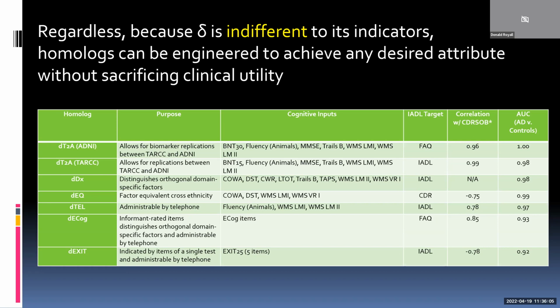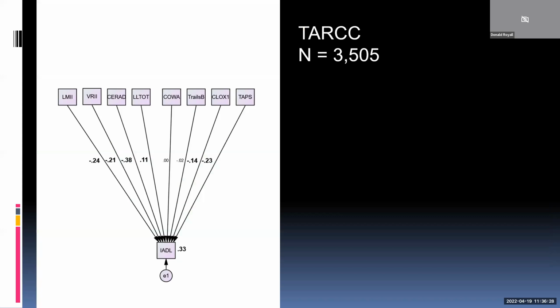And on the exit are 5 items, which could be given over the telephone. So what the D-exit does is build D out of those 5 items, nothing but 5 items from a single test, administered by telephone, and it achieves an ROC as strong as the entire exit score. So that's a nifty little trick.